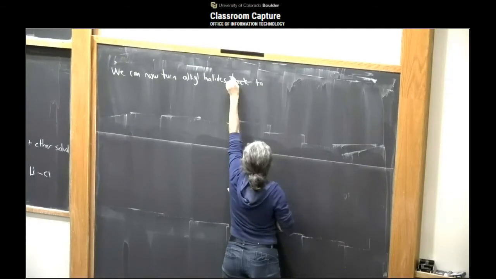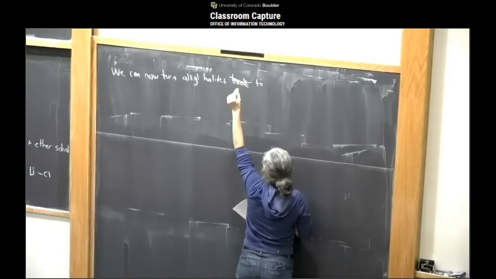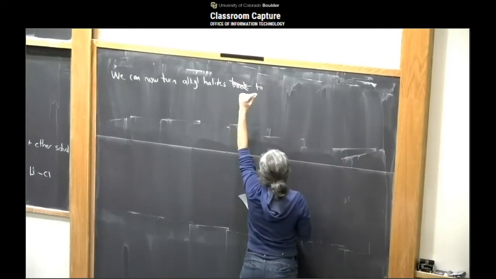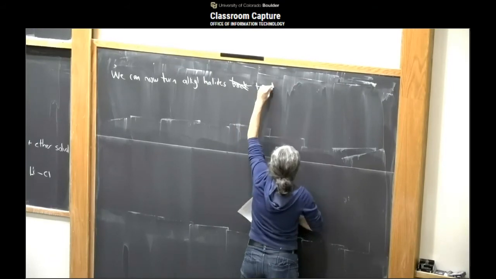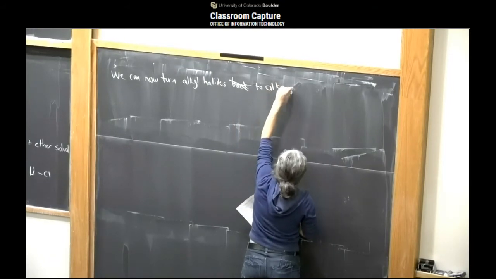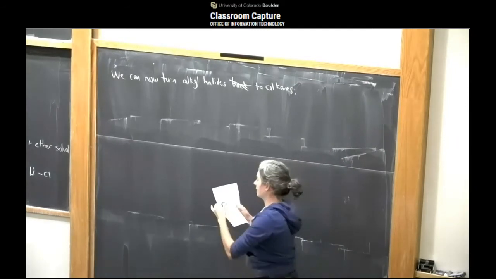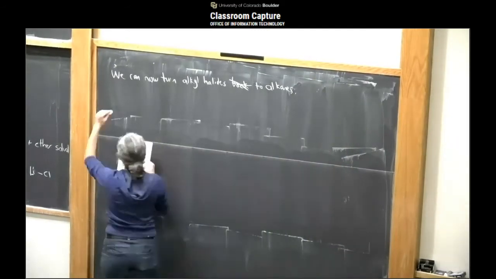I guess I shouldn't say back because we haven't covered how to turn the other direction yet, but we will in a second. Okay, so turn alkyl halides to alkanes in 2 steps.